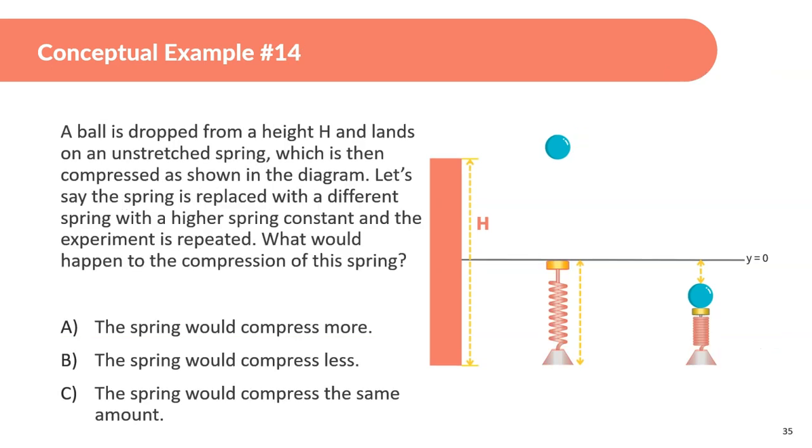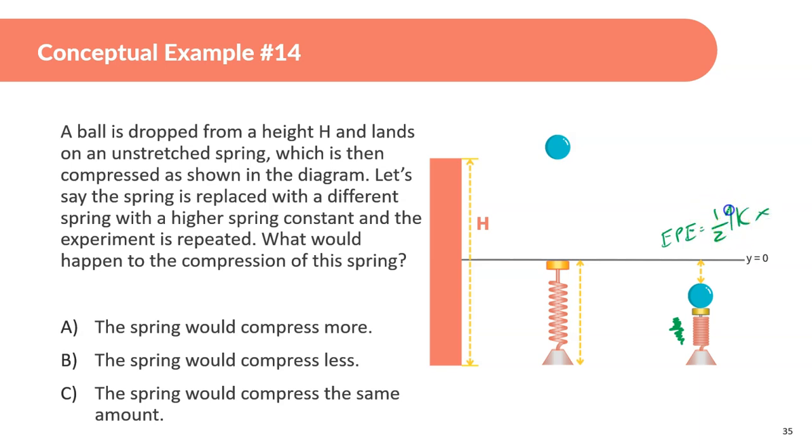Moving on. A ball is dropped from a height h and lands on an unstretched spring, which is then compressed as shown in the diagram. Let's say the spring is replaced with a different spring with a higher spring constant, and the experiment is repeated. What would happen to the compression of the spring? Okay, so this spring is more stiff, so we know elastic potential energy is equal to 1/2 kx squared.